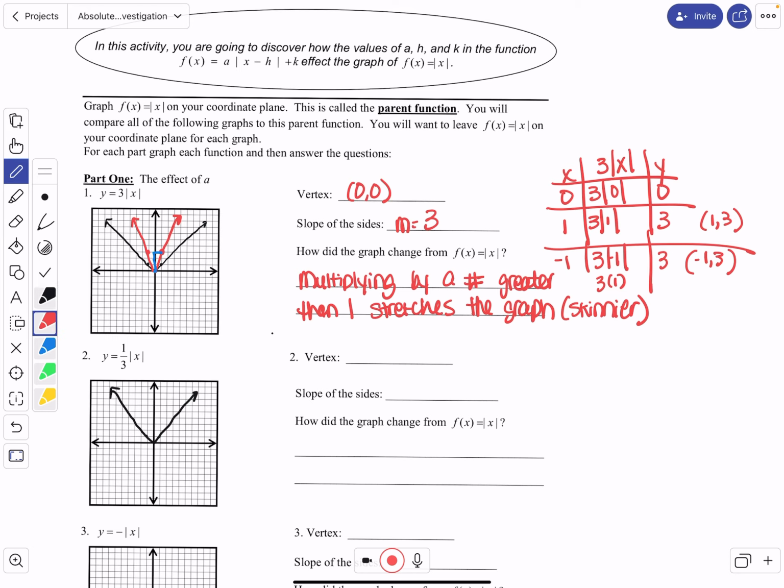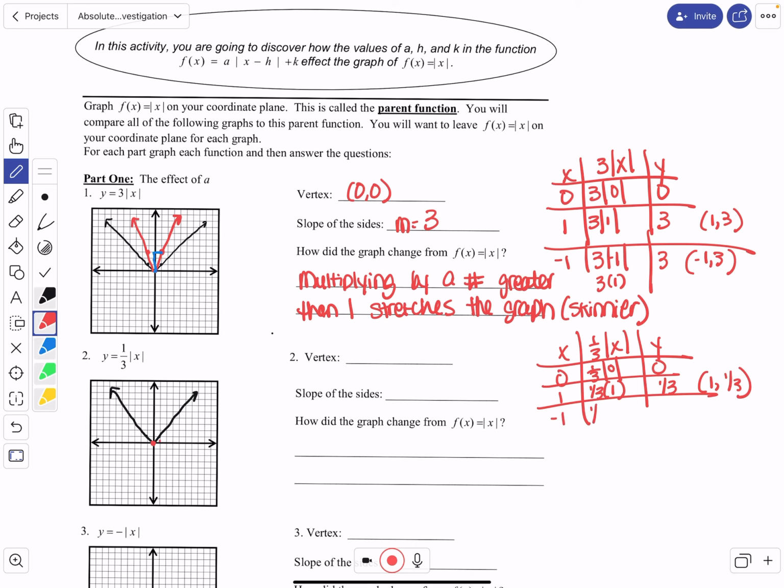And then if we do our points, 1/3 times the absolute value of x. If I do 0, 1/3 times absolute value of 0 is just going to be 0. And if we do 1, we have 1/3 times absolute value of 1. Well, that's just going to be 1/3. So my coordinate is going to be 1 and 1/3. So I go over 1 and up 1/3. So that's just barely up any, especially on our small graph here.